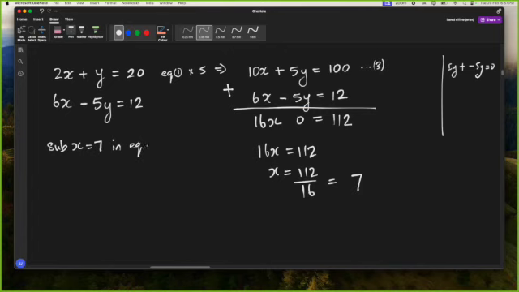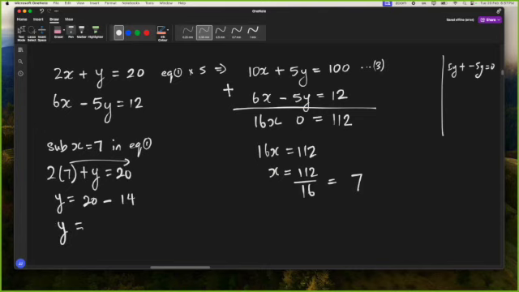In equation 1, x is 7. So 2x, which is 7, plus y is equal to 20. You throw across that, y is equal to 20 minus 7 2s will give you 14. So y is equal to 6. Therefore, x is 7, y is 6.